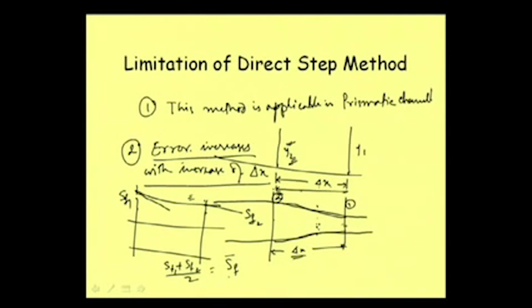And that SF bar is being used for computing the gradually varied flow. Now, this will be valid when the change of slope between this point and that point is not that large, and the average value represents the change of slope between this point and that point more correctly, then only it is applicable.